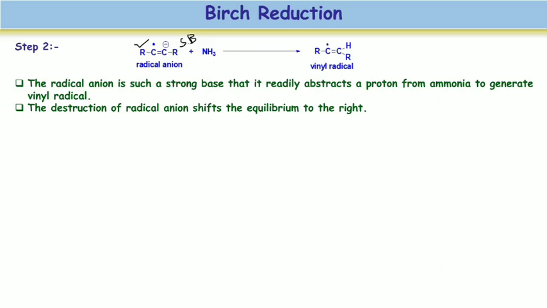Now what happens with vinyl radical is that the vinyl radical, where this carbon is sp2 hybridized and this unpaired electron is in sp2 hybrid orbital, right?